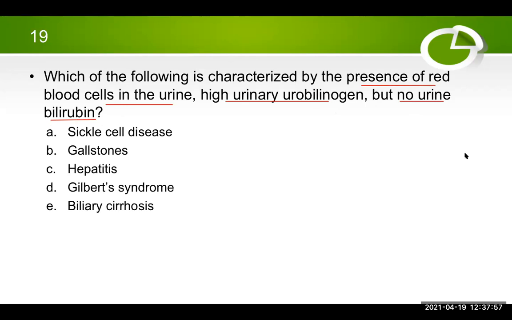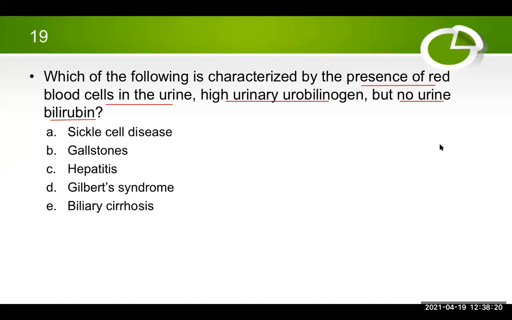What is the answer according to you, Khatir? Sir, Gilbert syndrome. Okay, what is Gilbert syndrome?